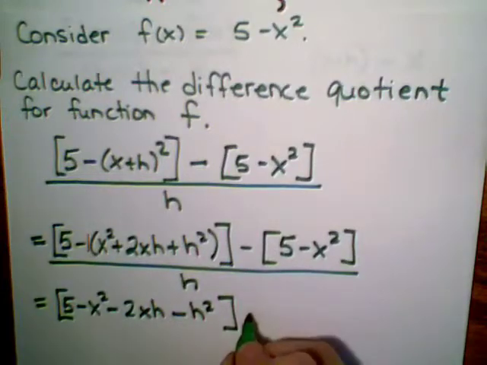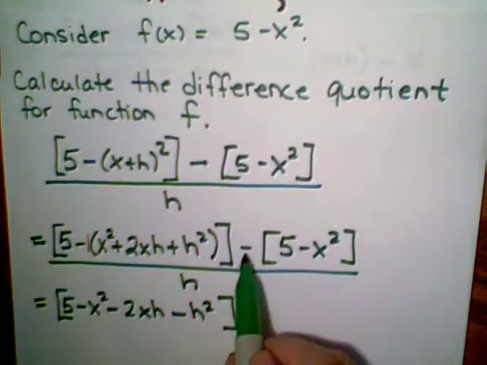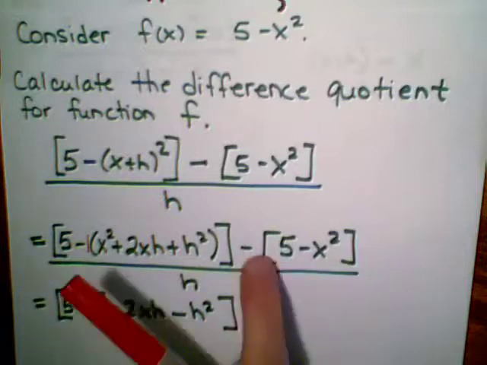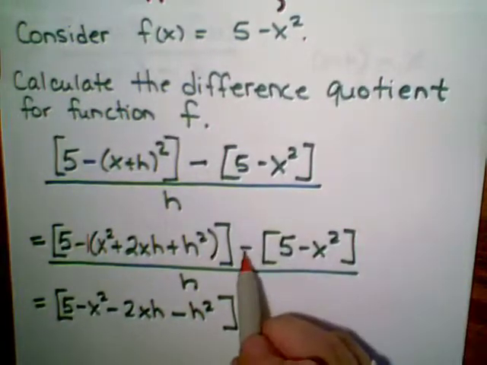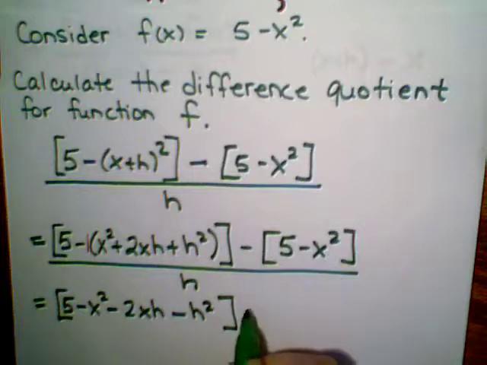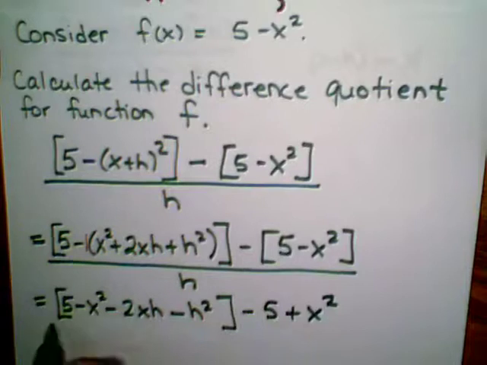Okay. Now we can go ahead and distribute this subtraction. We can subtract 5 and subtract -x squared. So in green I would record minus 5 plus x squared.